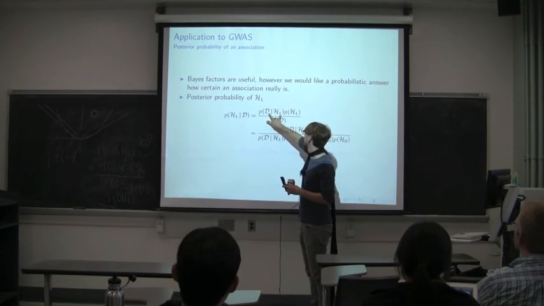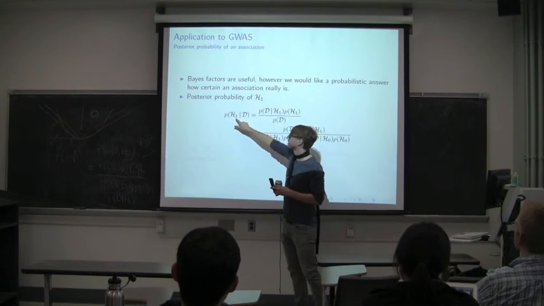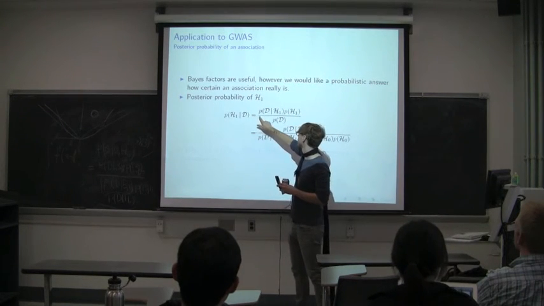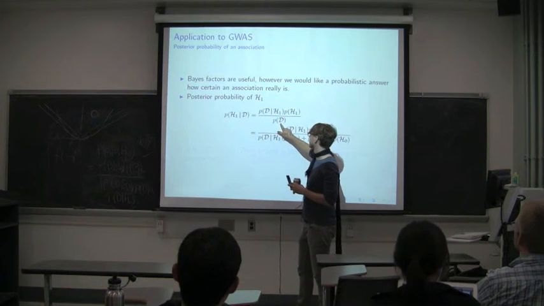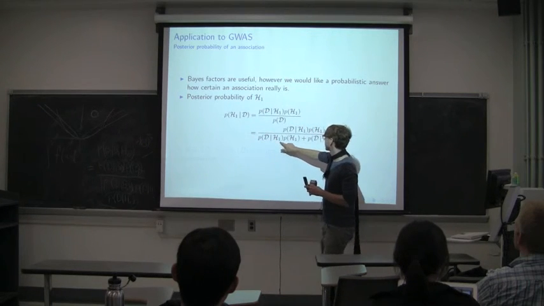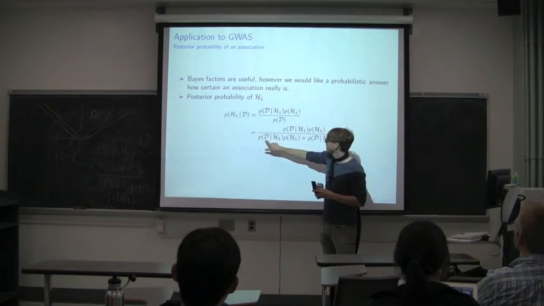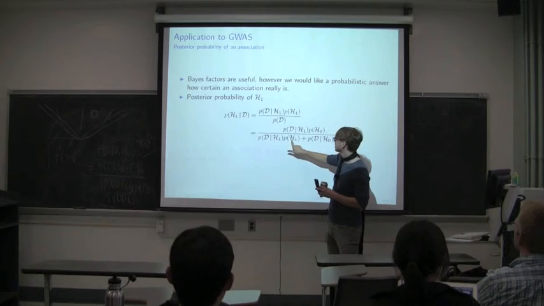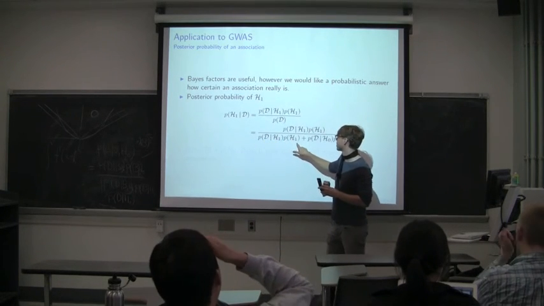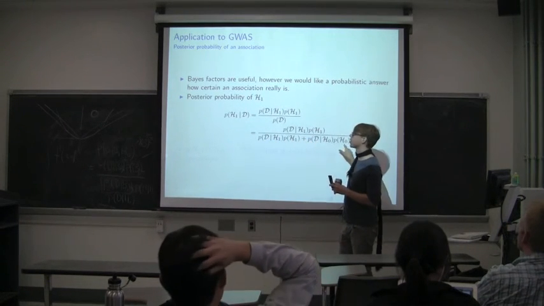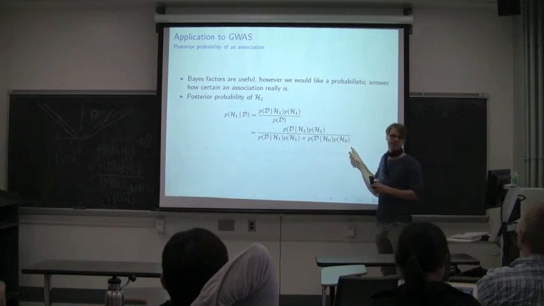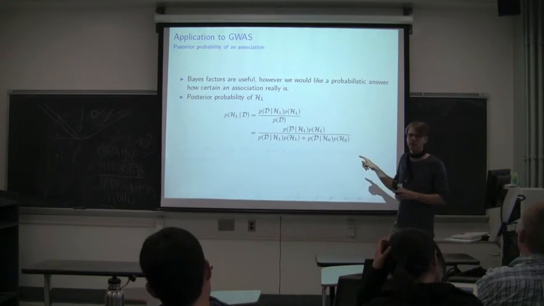It's the evidence times the prior over that hypothesis, over the probability of the data set. What's the probability of the data set? This normalization constant, it's the probability of the data. So it's the evidence times the prior over the model, summed over all the possible hypotheses.